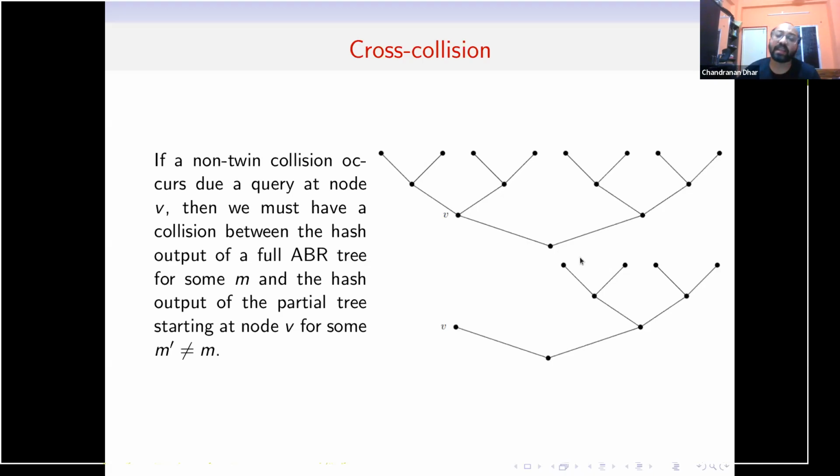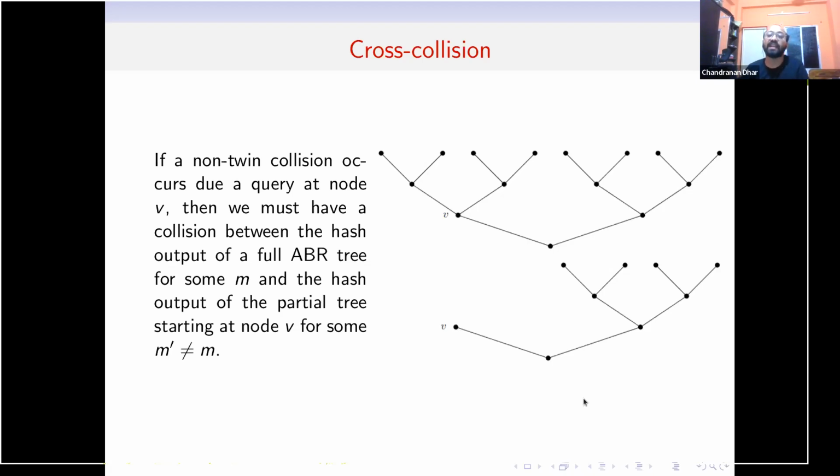But just immediately before the ith query, there must be some full message M, that is a message for the full ABR tree, and a partial message M prime. There is a partial tree starting at the node V, which gives us a collision.